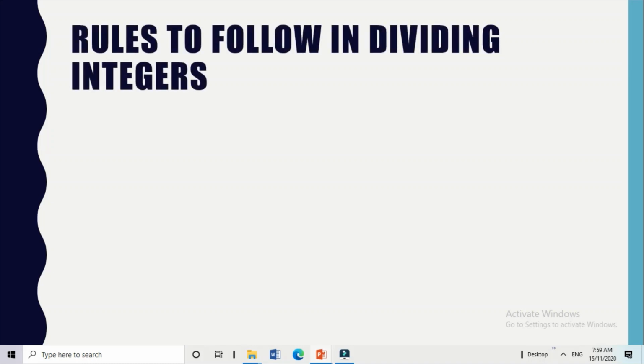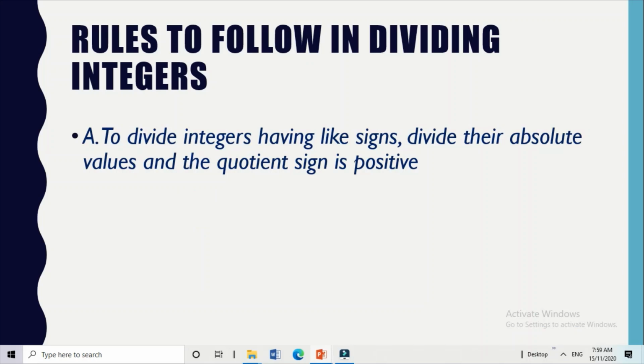Okay, dito na tayo sa rules to follow in dividing integers. First rule, to divide integers having like signs, divide their absolute values and the quotient sign is positive. So, ano bang ibig sabihin nito, guys?